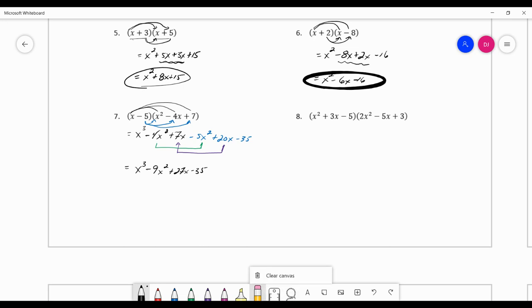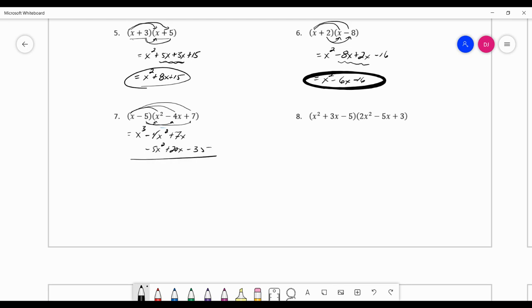So what I want to do is I want to back up here. Okay. When I move on and do negative 5 times the x squared is negative 5x squared, I can go ahead and put that term underneath the x squared column. Negative 5 times a negative 4x is a plus 20x. Negative 5 times 7 is a negative 35.